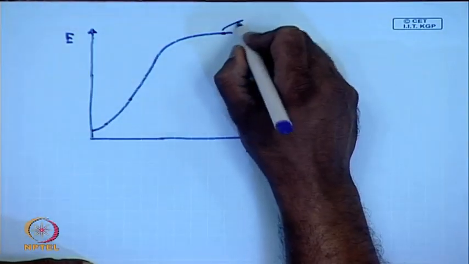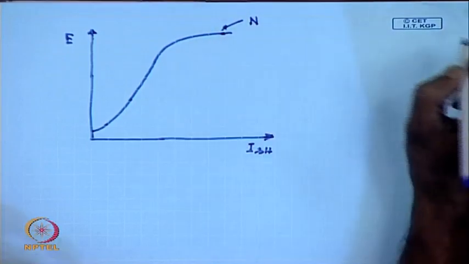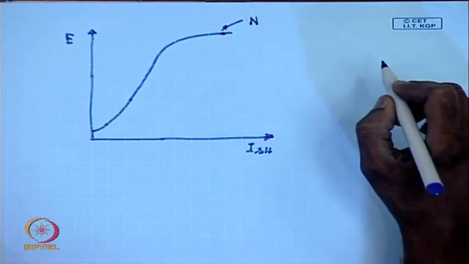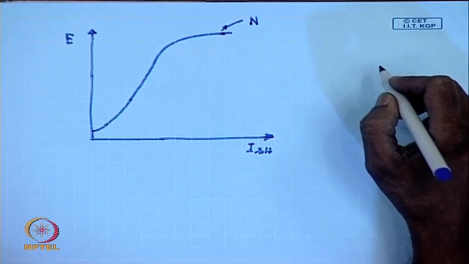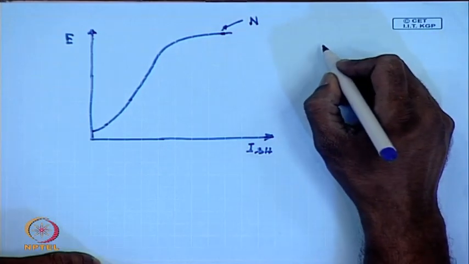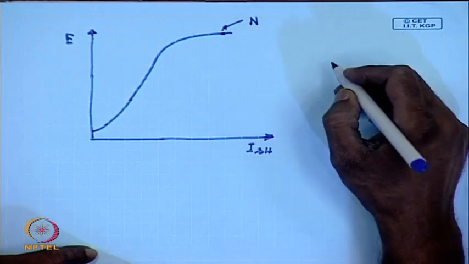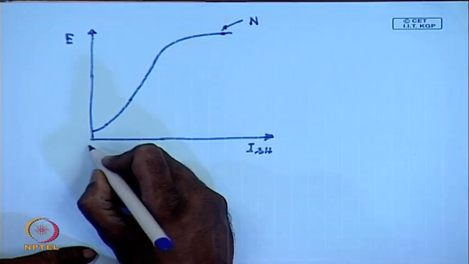Of course, OCC is found out at a particular rotational speed n. From this OCC, it is possible to find out the terminal voltage characteristics of a compound generator.